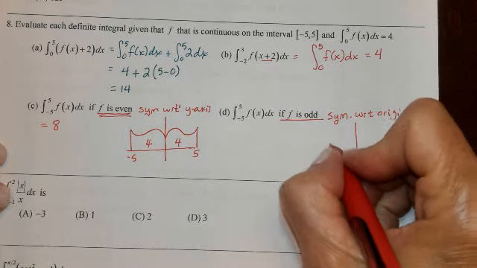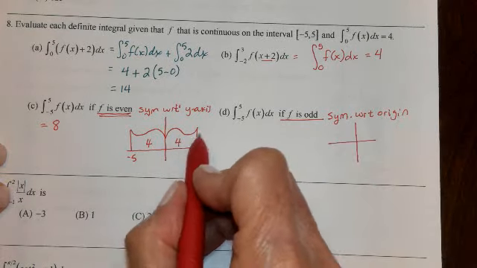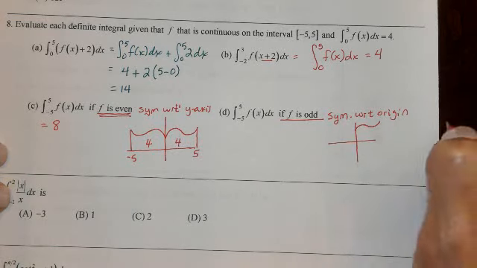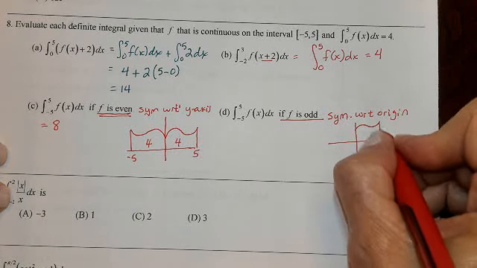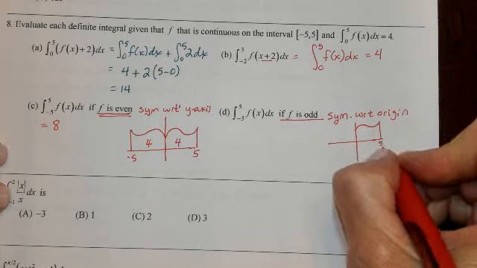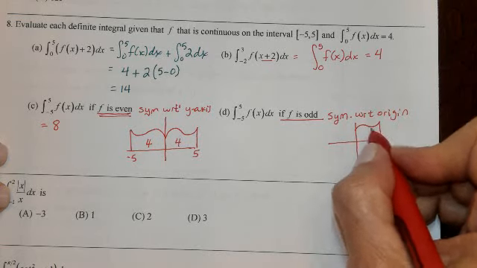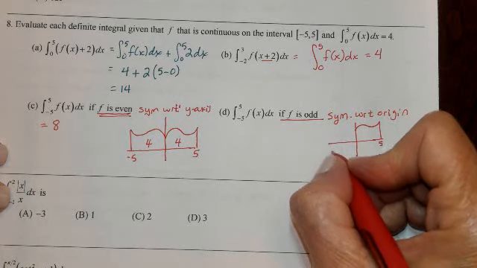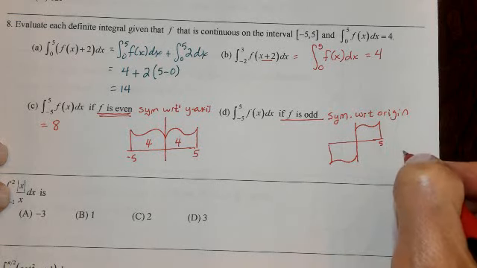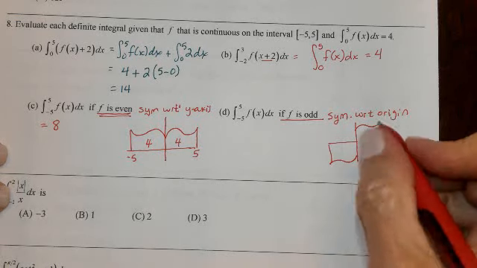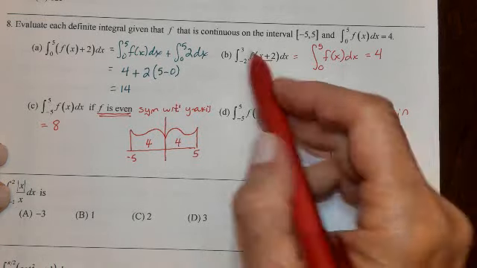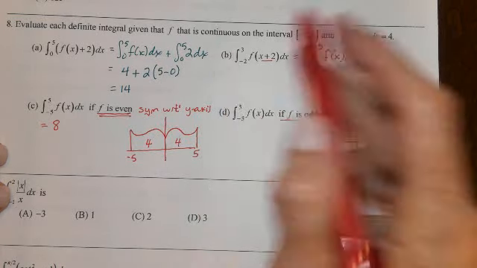So if we went with that same little curve here that I drew, if we went with that, then that would be from 0 to 5. If we have symmetry with respect to the origin, then it's going to look something like this down there. Now, I do realize that this function is not continuous, and we're told that f is continuous.